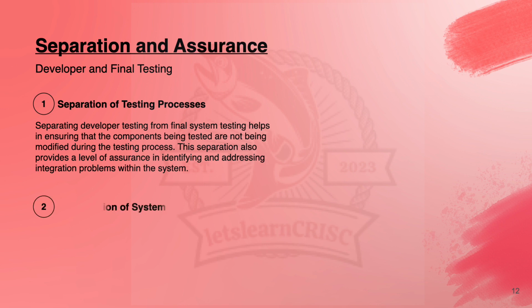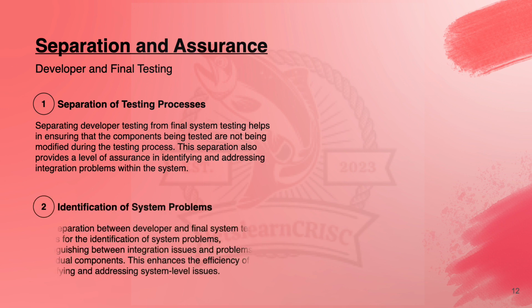Next, about the identification of system problems. Friends, the separation enables the identification of system level problems, encompassing issues that may arise from the interaction of multiple components or the overall behavior of the integrated system.